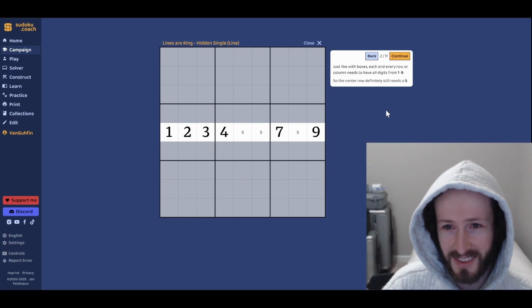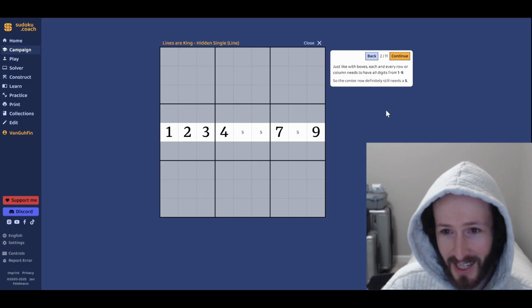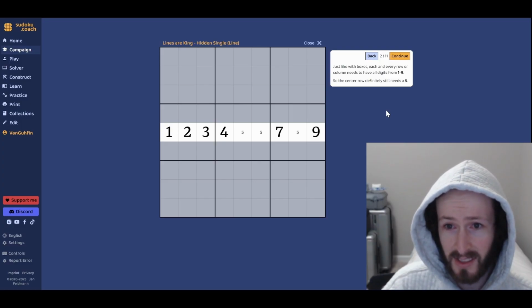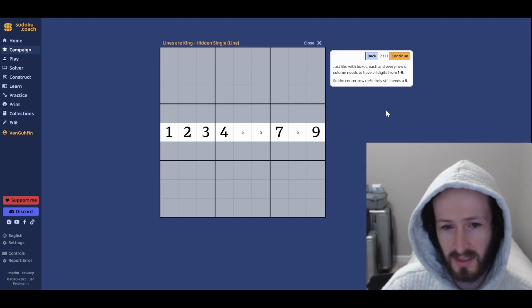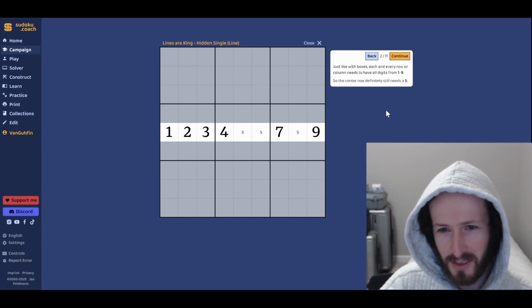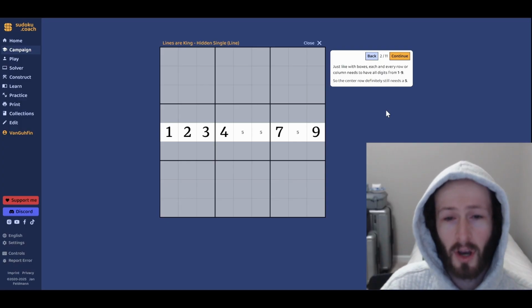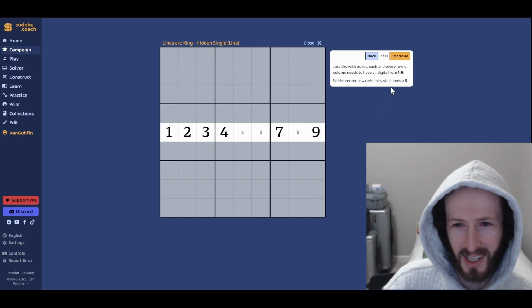Just like with boxes, each and every row or column needs to have all the digits from 1 to 9. That's Sudoku. So the center row 100% needs a 5.